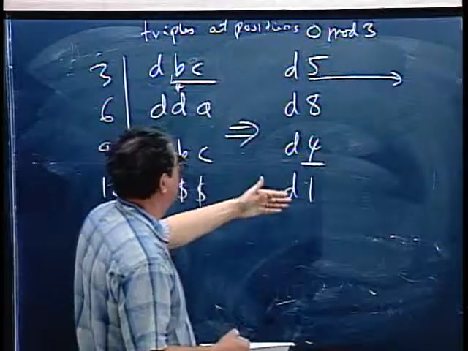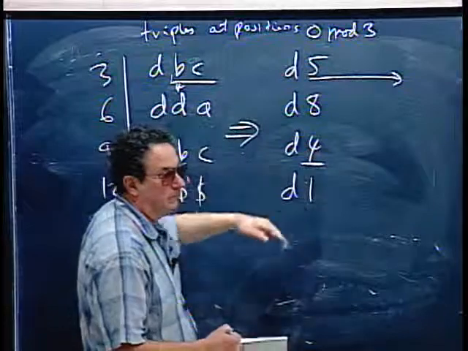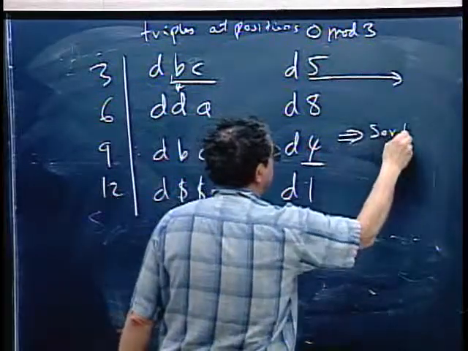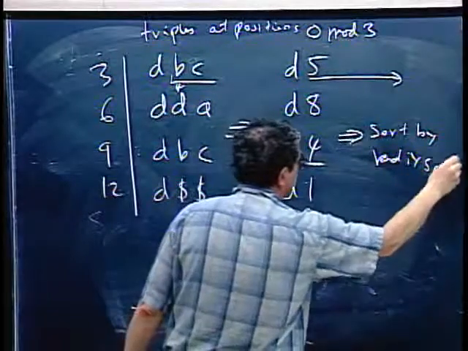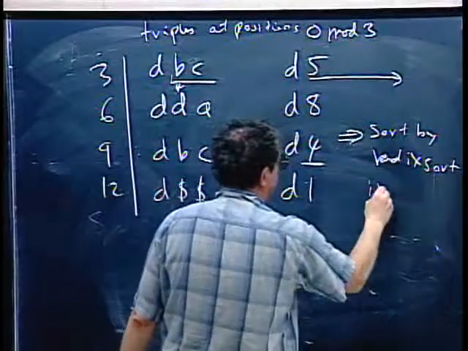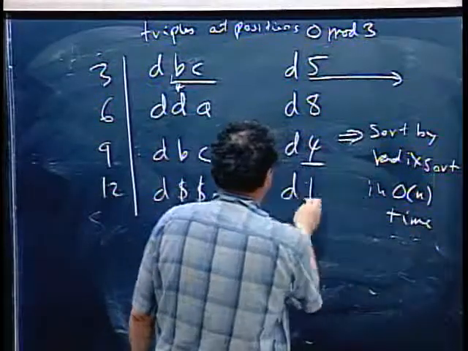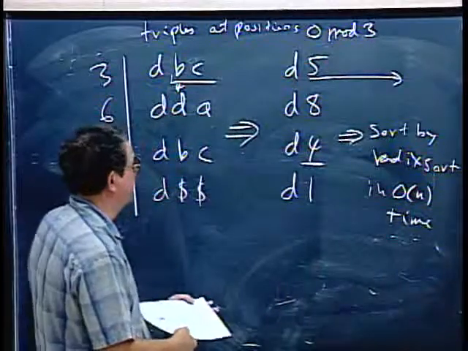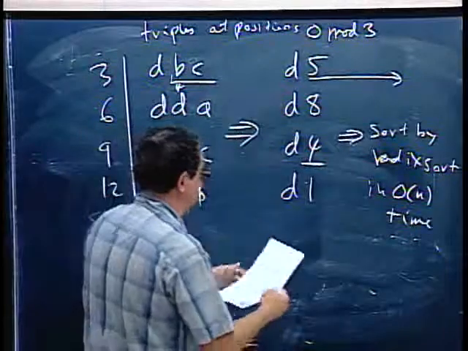And so now I can sort these by radix sort in order n time. Rather trivially, these are only two columns wide. Okay, very trivially.